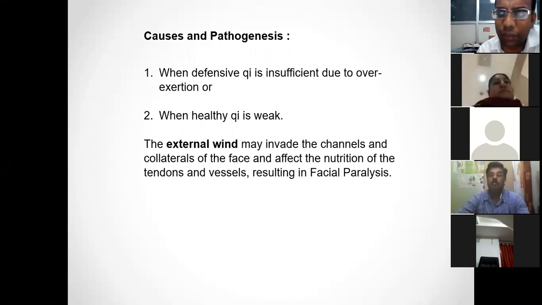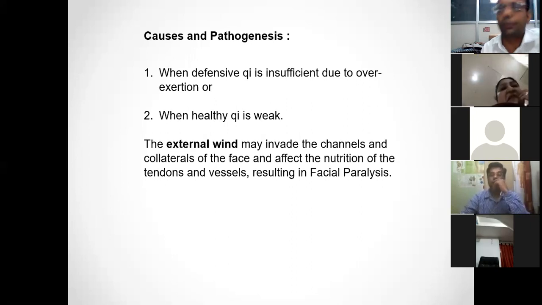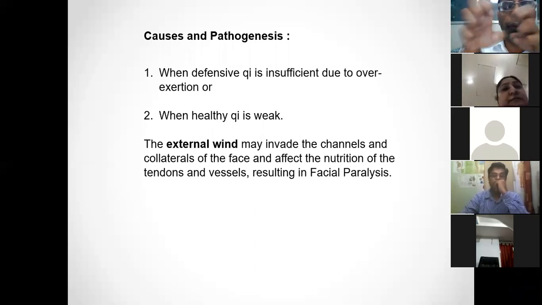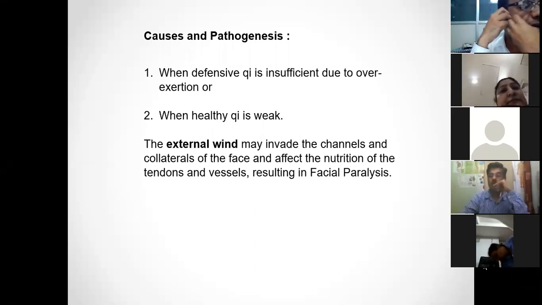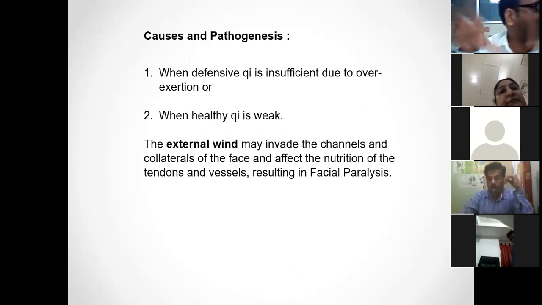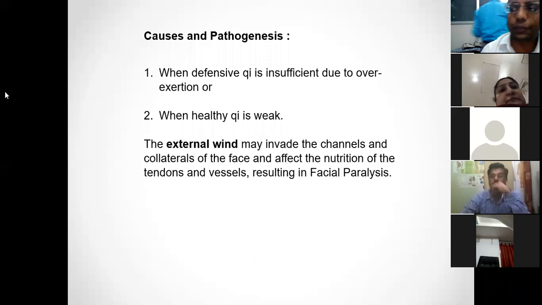External wind may invade the channels and collaterals in the face and affect the nutrition of the tendons, resulting in facial paralysis. Whenever external wind enters the facial pores, it affects the tendons and muscles, and whenever they become weak, they tilt towards one side, and that is called facial palsy or Bell's palsy.